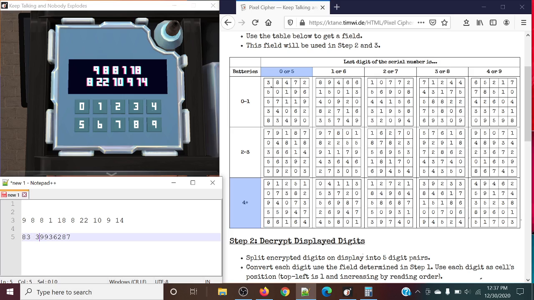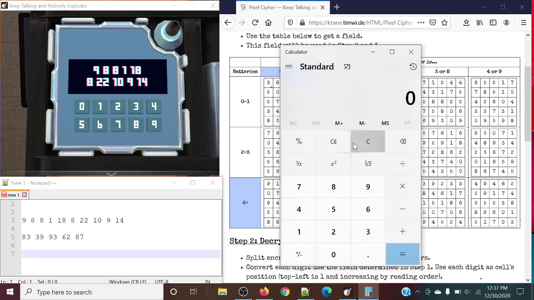Let's put these up. A lot of these are going to be modulo 26. Actually, all of them are going to be mod 26. Scratch that. So 83 minus 26 is a 5, so that's an Echo. And 39 mod 26 is a 13, so that's a Mike. 93 mod 26, plus 26, is a 15, so that's going to be an Oscar.